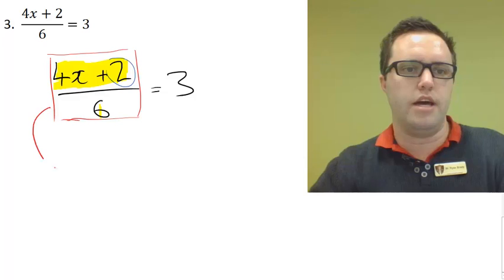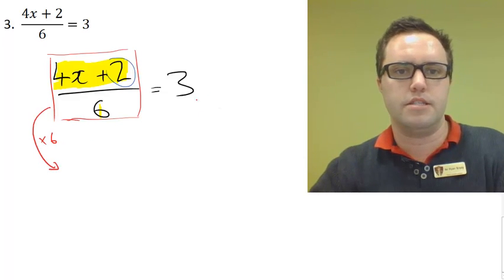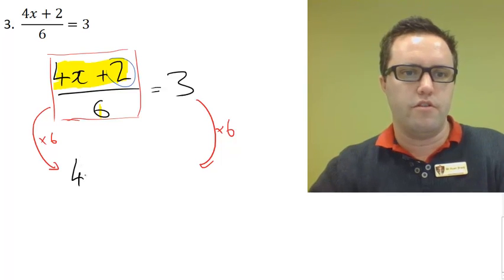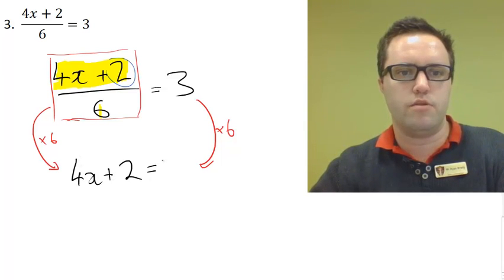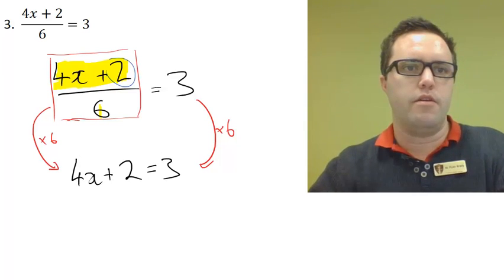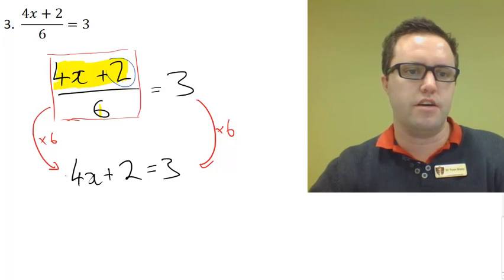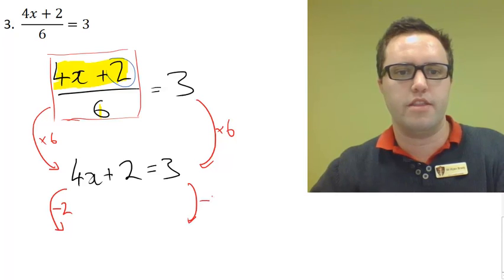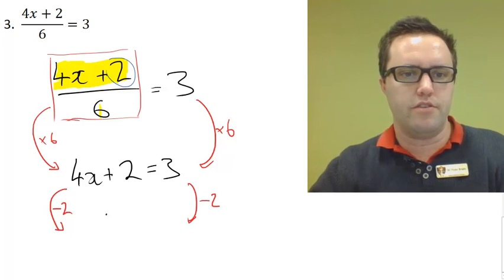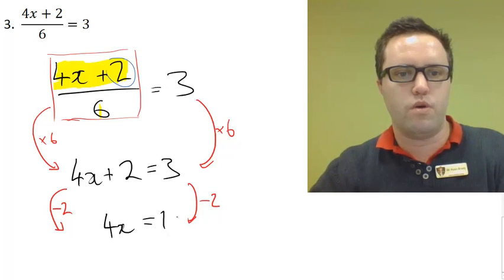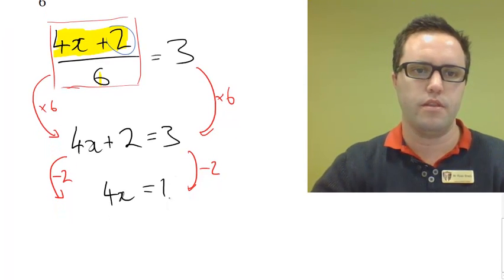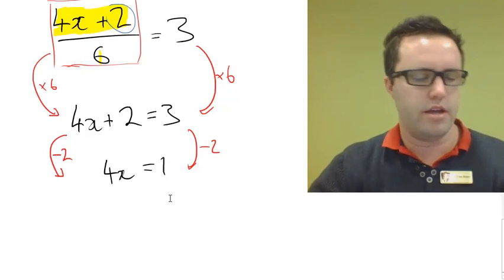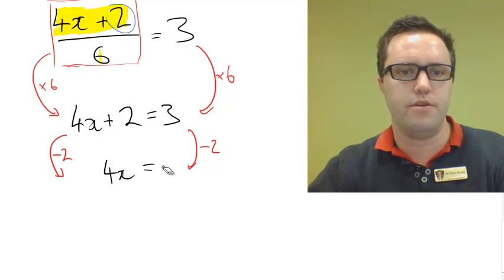So we do that, we undo it by multiplying by 6, multiply by 6, and we're left with 4x plus 2 equals 3. Right, now this is similar to stuff you've done before. So we subtract 2 from both sides to get rid of that plus 2. And we're left with 4x equals 1. And I've done something really incorrect, and I really hope that you noticed it.